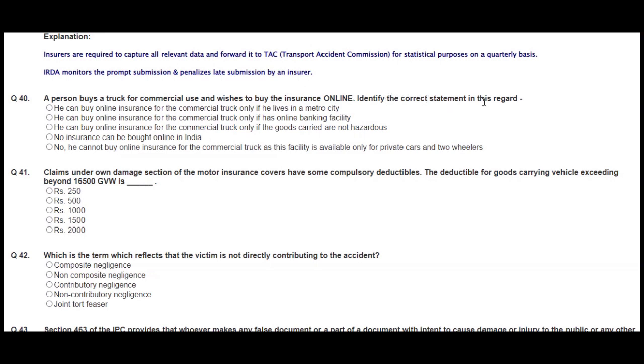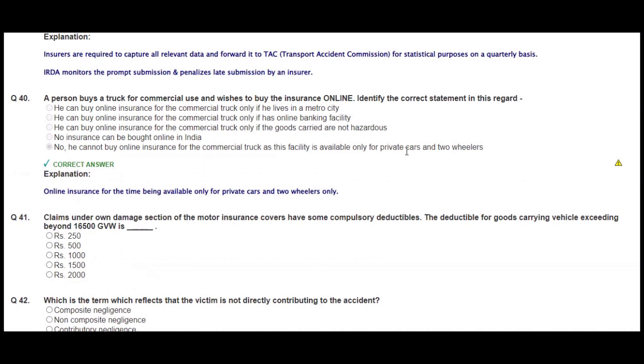A person buys a truck for commercial use and wishes to buy the insurance online. Identify the correct statement in this regard. You will choose only commercial policy. No insurance can be bought online in India. Here it is clearly mentioned that it is a commercial truck, so there is no buying online. He can buy online insurance for a commercial truck. This facility is available only for cars and two-wheelers.